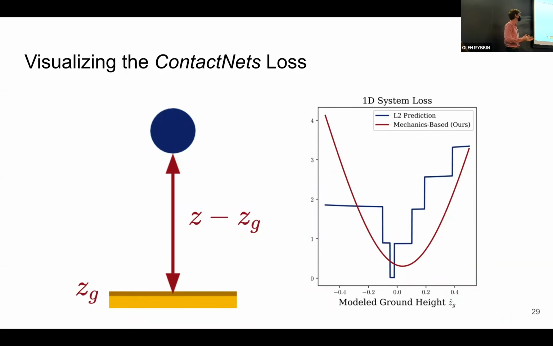In one dimension, maybe it's not so hard to optimize this. You can notice there are some slight slopes that will take you towards the center. Here, the actual ground height is 0. But it's much easier if you use the loss that we developed instead. Much like a loss that looks like phi times lambda n squared, we see something that isn't exactly a quadratic, but has this nice convex shape to it.